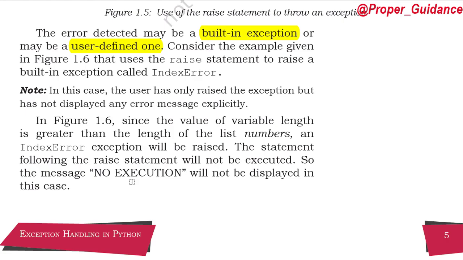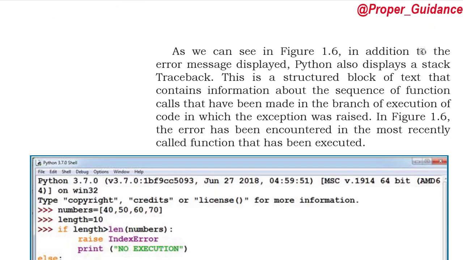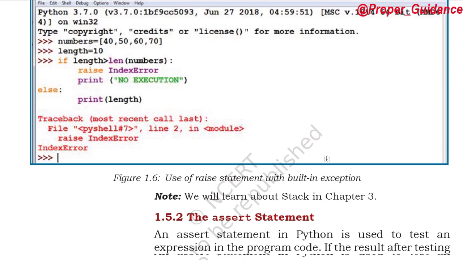So, the message "no execution" will not be displayed in this case. As we can see in figure 1.6, Python also displays a stack traceback. This is a structured block of text that contains information about the sequence of function calls that have been made in the branch of execution of code in which the exception was raised.